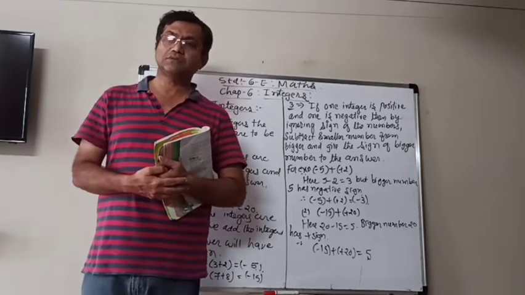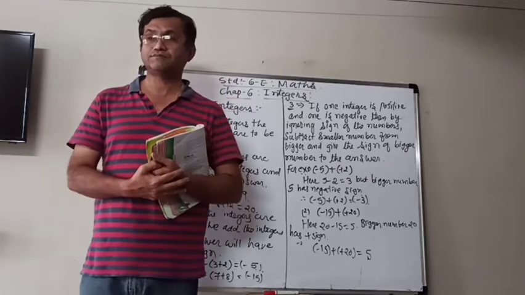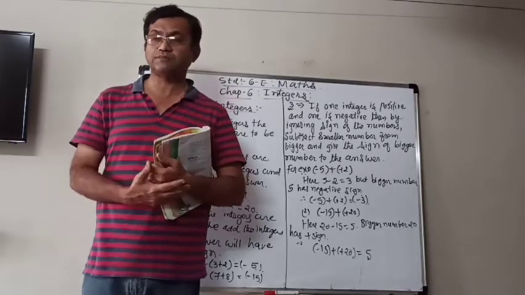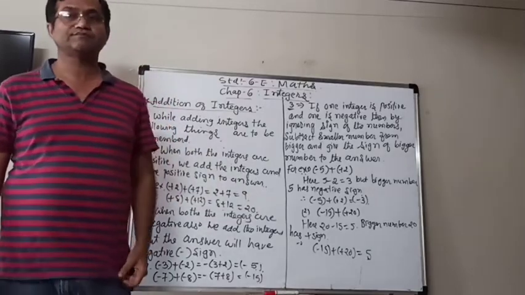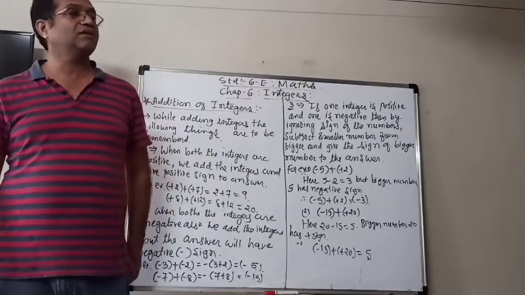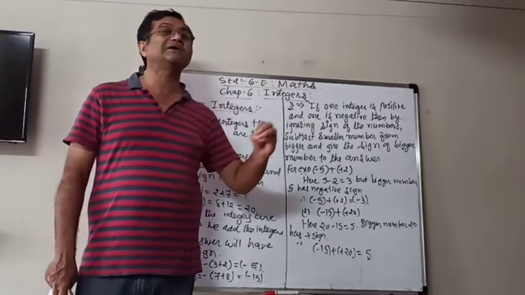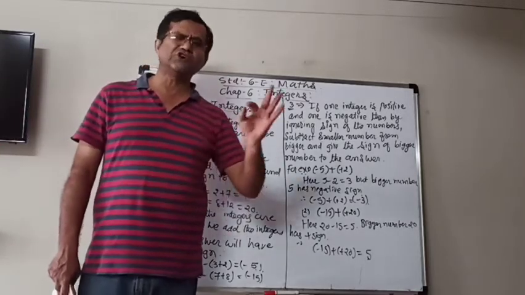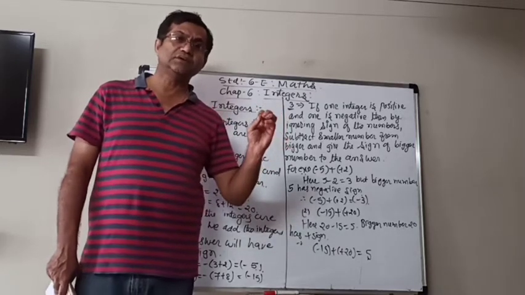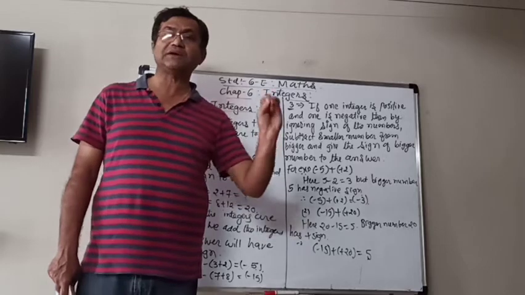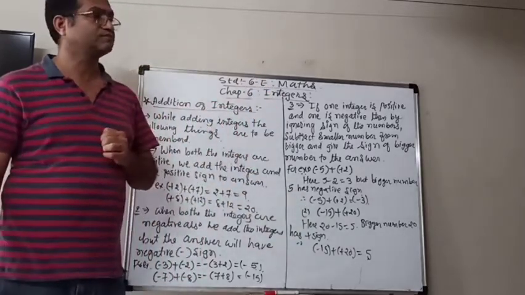But if you remember what I am going to explain now, then I think you won't make a mistake. So don't be in a hurry, read your questions carefully and then write down the answer.